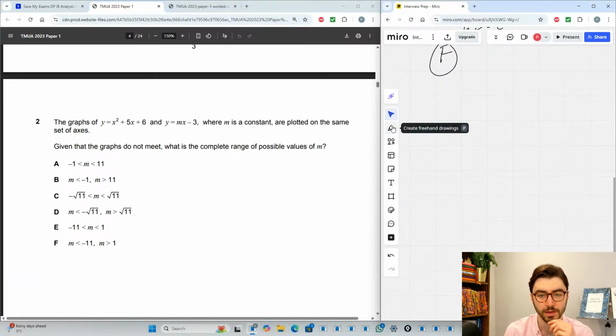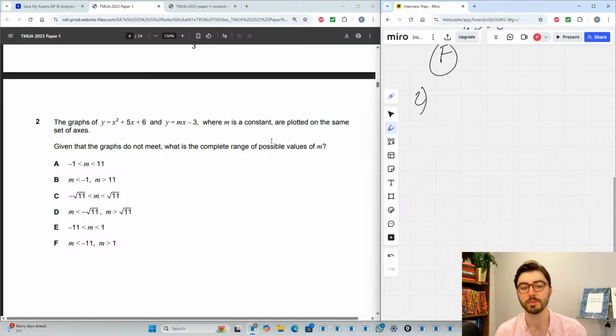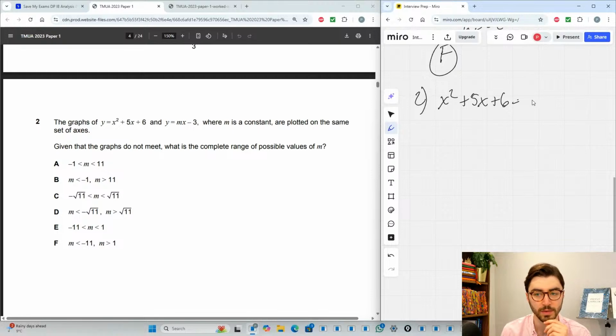So question 2. Graphs, you've got a quadratic, you have a straight line plotted on the same set of axes. The graphs do not meet. Okay, so this will be substituting in, and the discriminant will be 0. So if I substitute that in, it would be x squared plus 5x plus 6 equals mx minus 3 if there was a point of intersection.